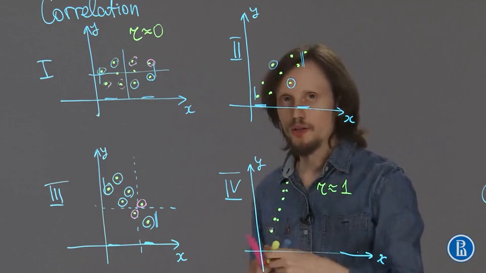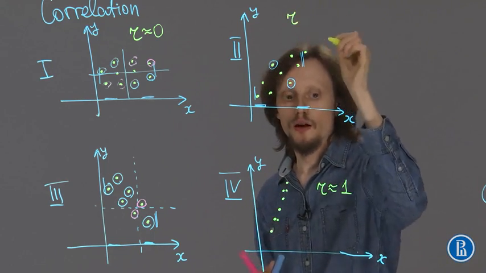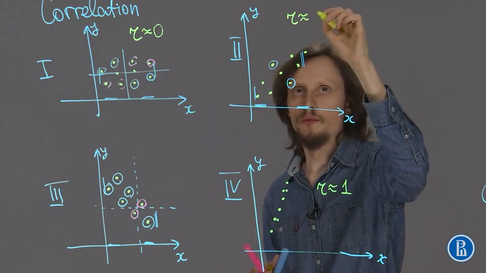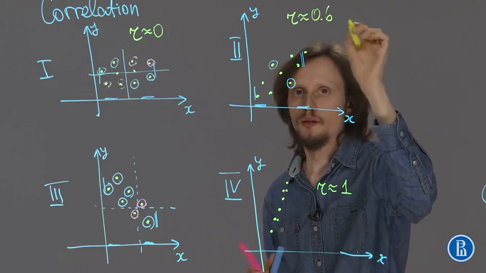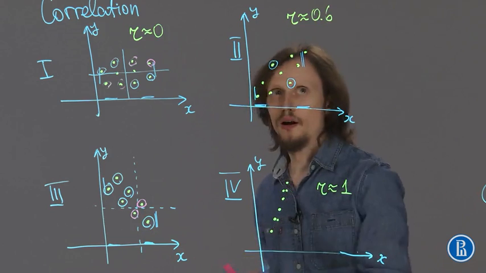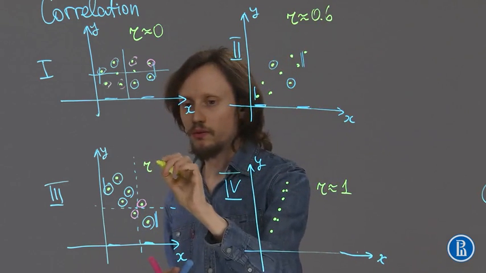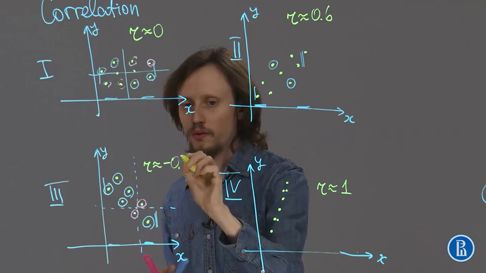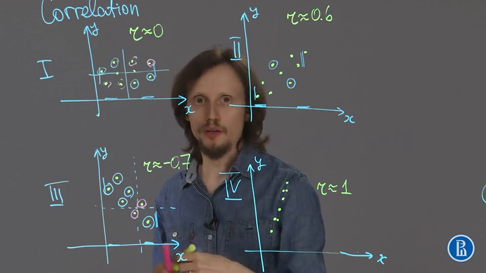Here, Pearson's correlation is positive, but not very large. It is probably something about 0.6 or 0.7. And here, Pearson's correlation is negative. It can be about negative 0.7, approximately.